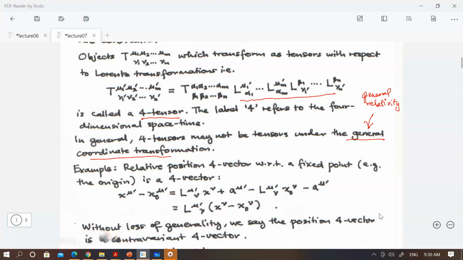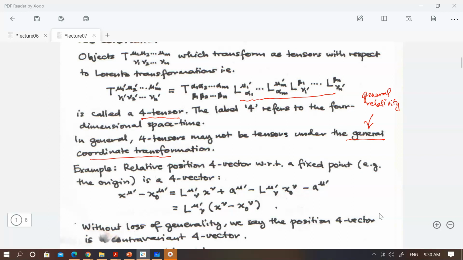So one of the things that we're going to have, for example, is the position four vector. We make the convention that your position four vector has to be a contravariant vector, which means it's a single index at the top. The relative position four vector is given by a position vector minus another position vector of a fixed point, a fixed event.